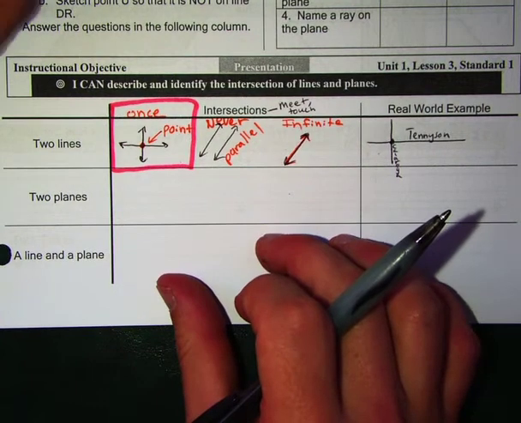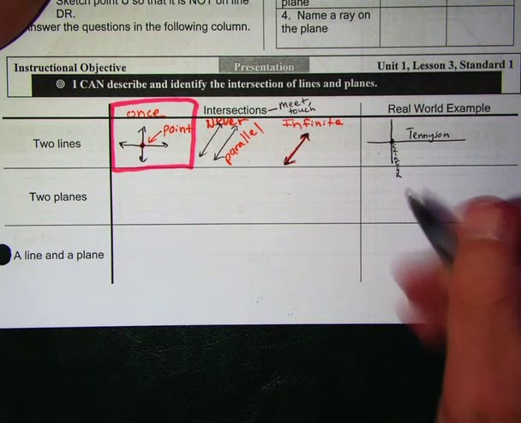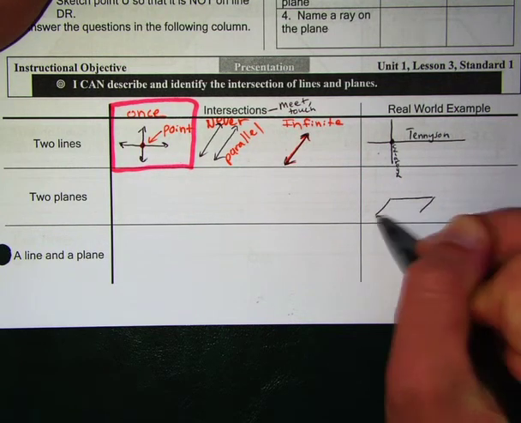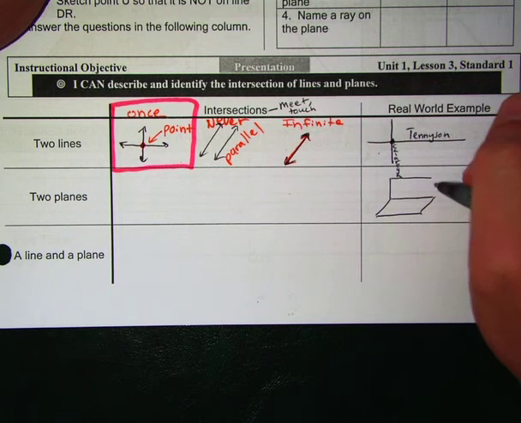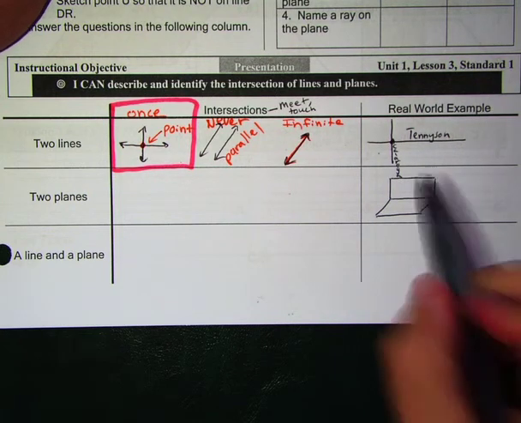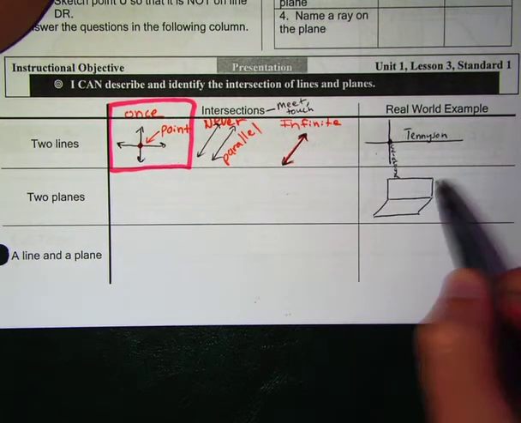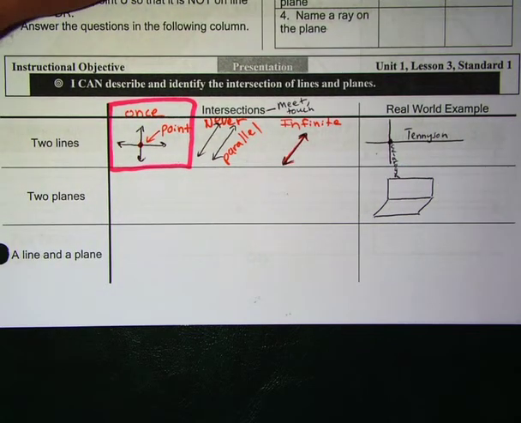Now, two planes you want to think of like a wall and perhaps the floor. So imagine this here is the floor of the room you're in, and this here happens to be one of the walls. And think of them like planes, flat surfaces, okay, and imagine them extending forever. And so where do the two flat surfaces intersect or touch each other?